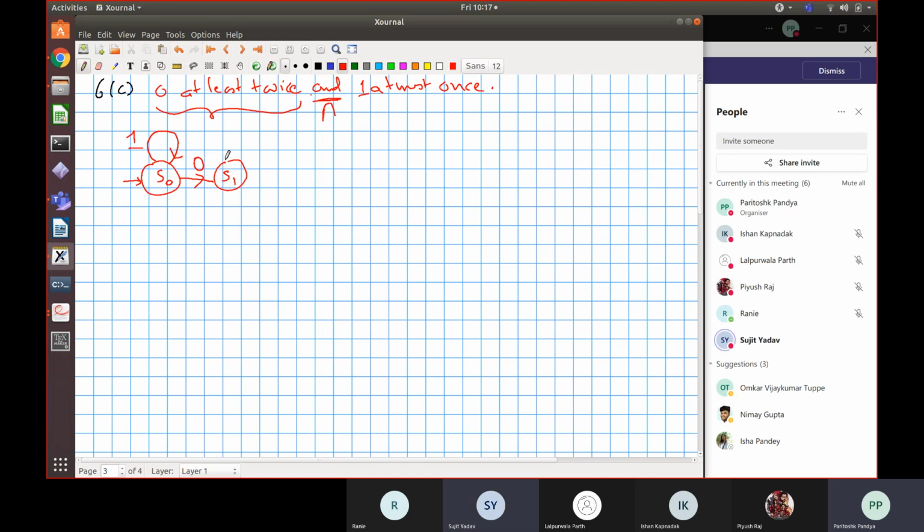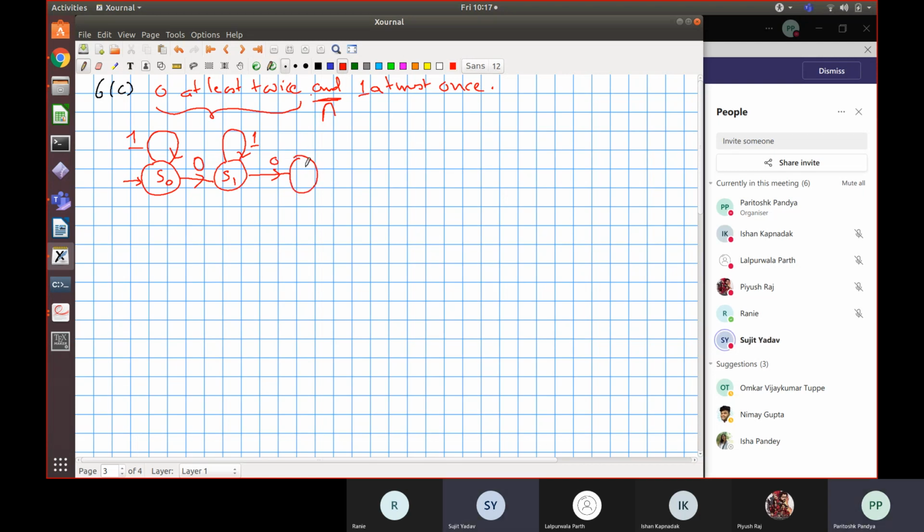So at least twice. So far we have seen one 0. So again, sir, if 1 comes, then self loop. Okay, very good. Self loop on a 1. And if a 0 comes, to S2. And now we have seen 2 zeros.